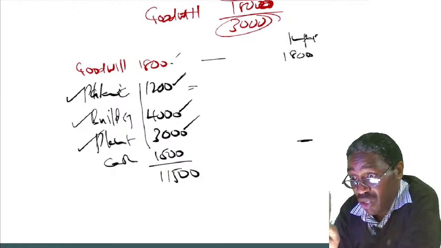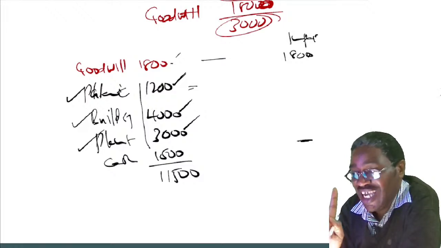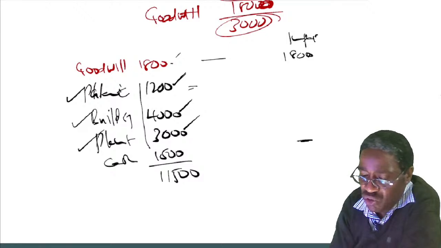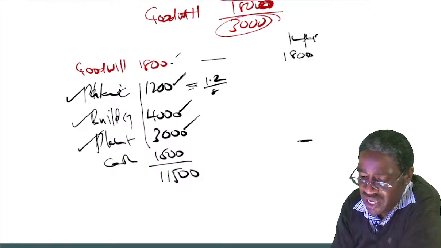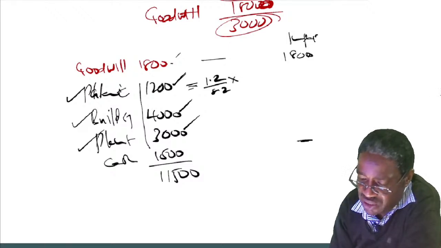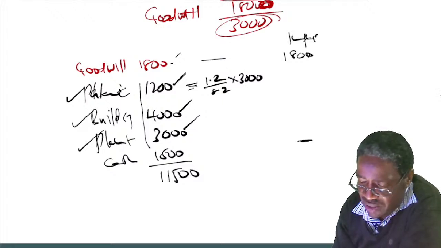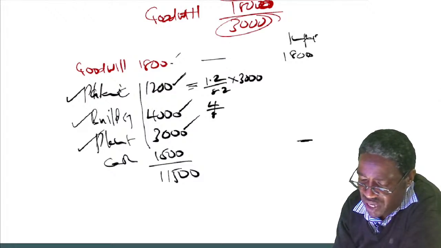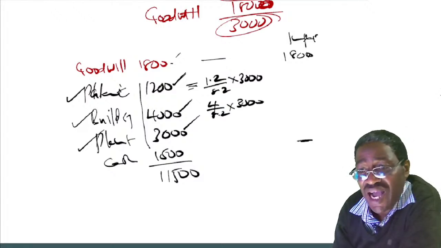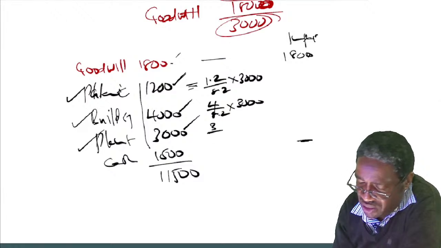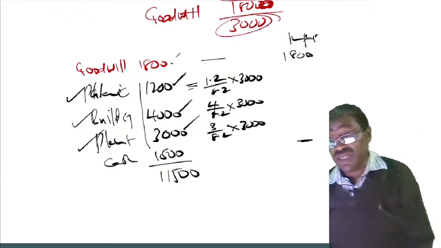So in the exam that came, how much out of the 3 million would I have written off against the patent? It will be 1.2 divided by 8.2 times 3 million. Against the building, it will be 4 million divided by 8.2 times 3 million. Against the plant, it will be 3 million divided by 8.2 times 3 million. That's how I would have done it.